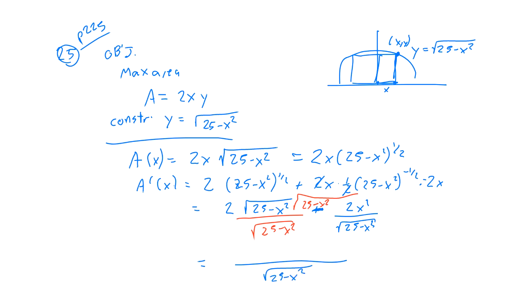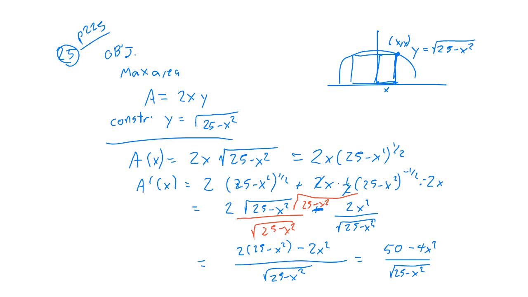And on top, I have twice 25 minus x squared minus another 2x squared. So that's 50 minus 2x squared minus 2x squared. So that's 50 minus 4x squared over the square root of 25 minus x squared.